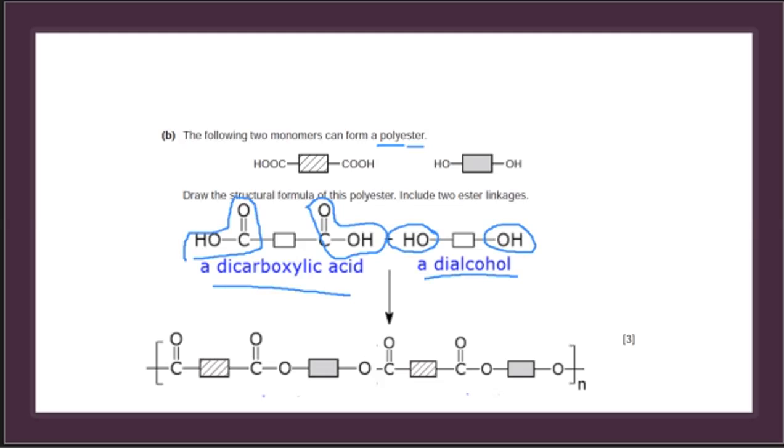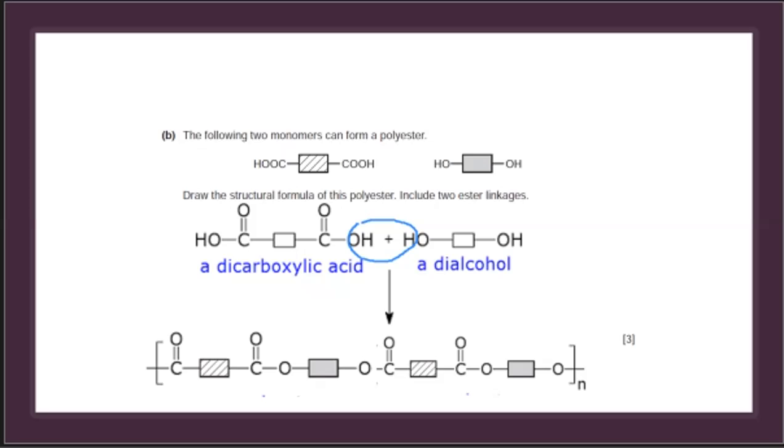Water is going to be lost as these structures come together, right? These structures merge and water is lost from the two structures. So this one should be shaded, and this one's supposed to be lined.